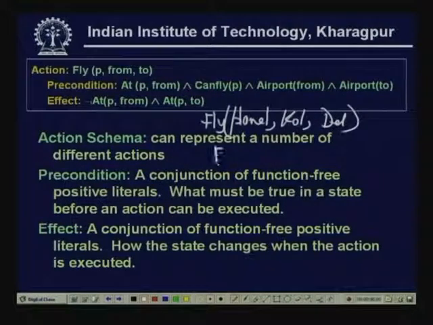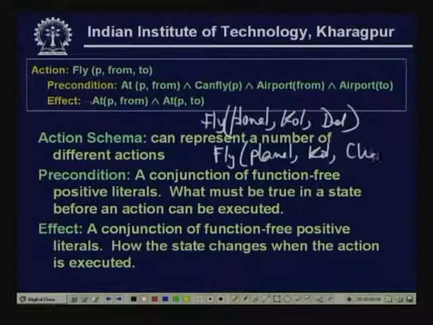It can represent the action fly(plane1, Kolkata, Chennai). It can represent the action fly(plane1, Kolkata, Delhi), fly(plane1, Delhi, Kolkata), fly(plane1, Delhi, Chennai), fly(plane2, Kolkata, Delhi), and so on. So, this action schema can represent a class of actions, a number of different actions.